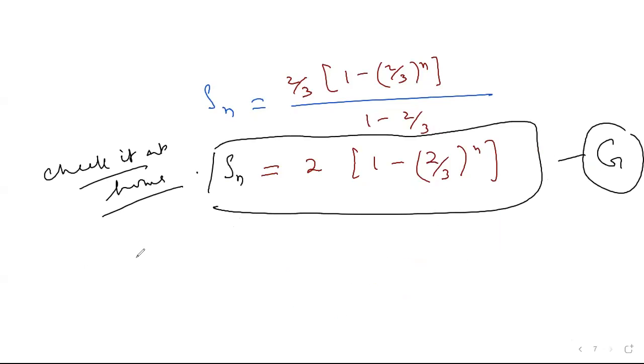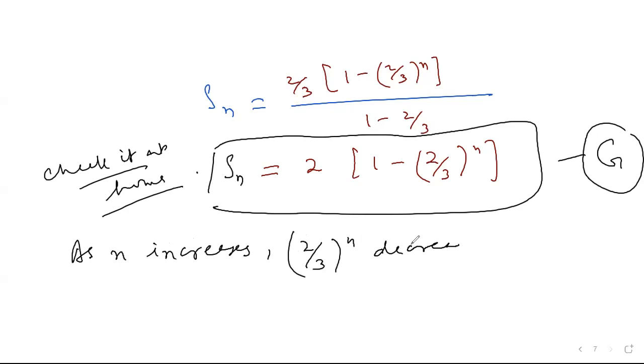You can see as n increases, 2 by 3 raised by n decreases and approaches 0.